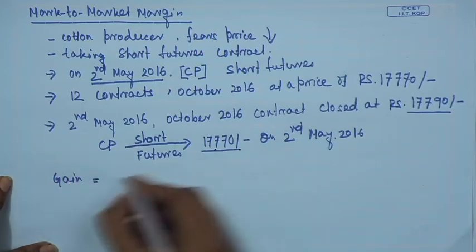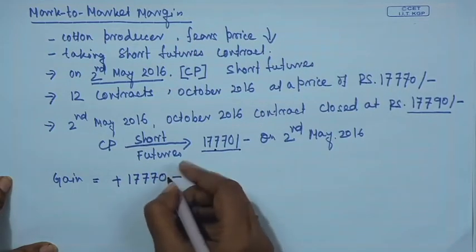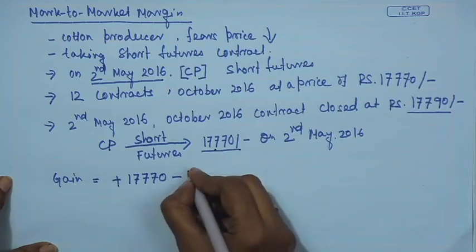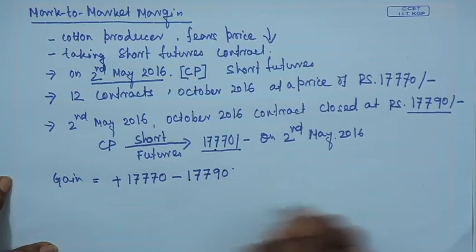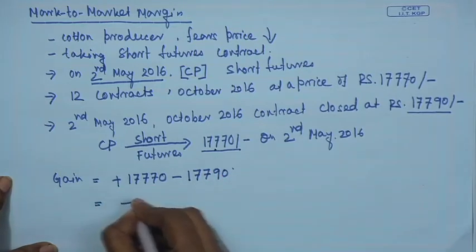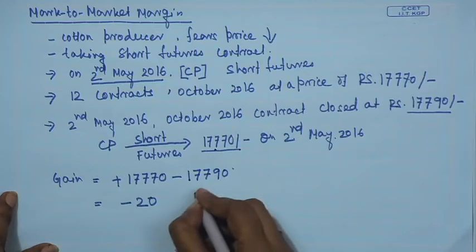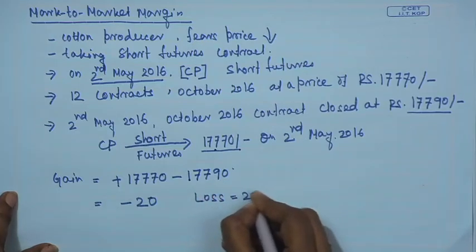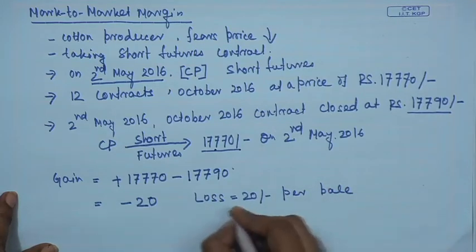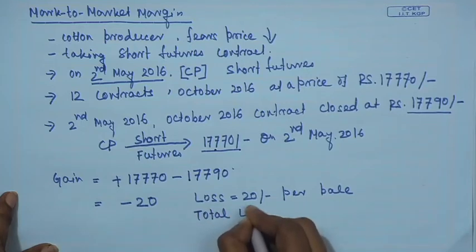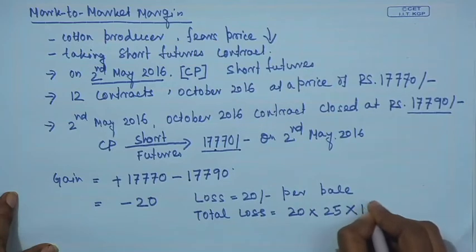By selling the futures he receives 770, and if he squares up his position, he will be paying. So this means he has a gain of minus 20, or he will incur a loss of 20 rupees per bale, and the total loss will be 20 into 25 bales per contract and 12 contracts.